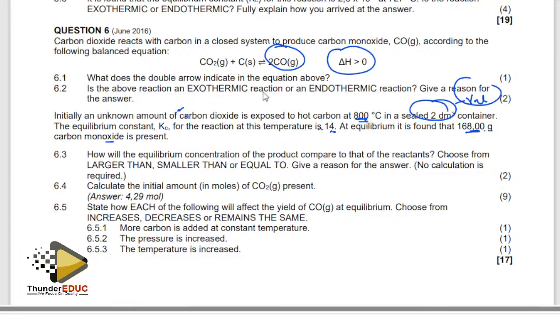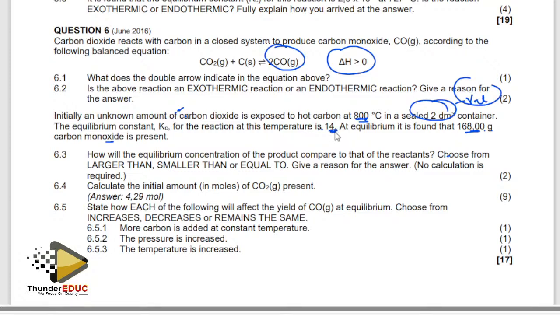So now if you are looking at the concentration of the product, let's see the Kc value. Where is the Kc value? Did they give us the Kc value? They're saying that the equilibrium constant Kc for this reaction at this temperature is 14.